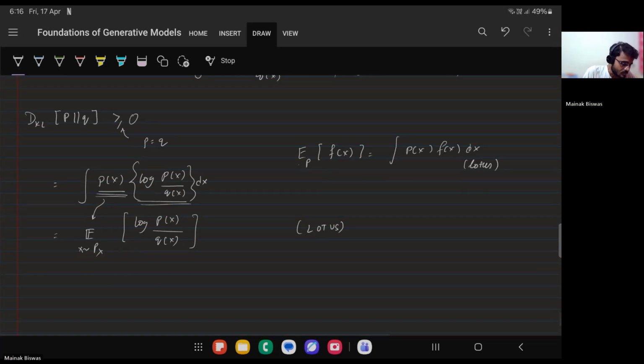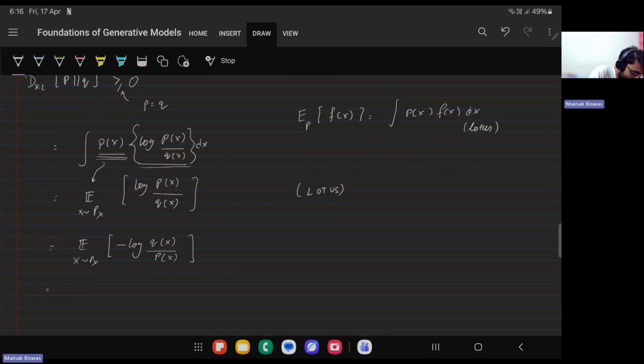Now, you can write this as minus log Qx by Px, just inverting the signs. If you recall Jensen's inequality, minus log is a convex function. I'll show you why it's convex in a while; I'll just complete this proof first. For convex functions, the expected value of f of x is always greater than or equal to f of the expected value of x.